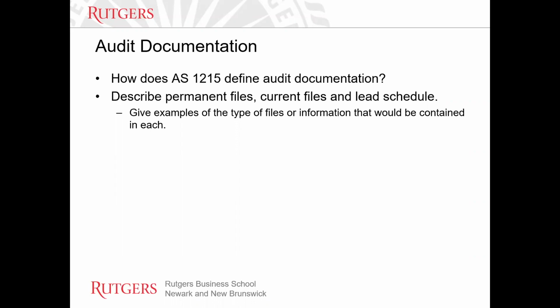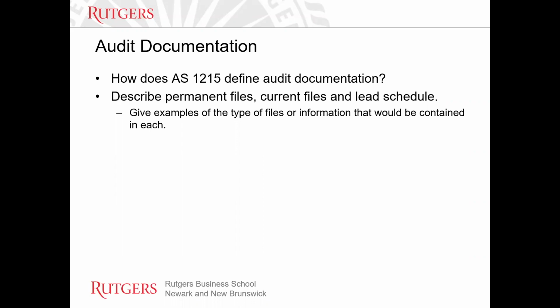It's going to have things like charters, bylaws, partnership agreements, important contracts or leases, company history, background, minutes from old stockholders meetings, the prior year's financial statements, anything that is older than 1 year, right?